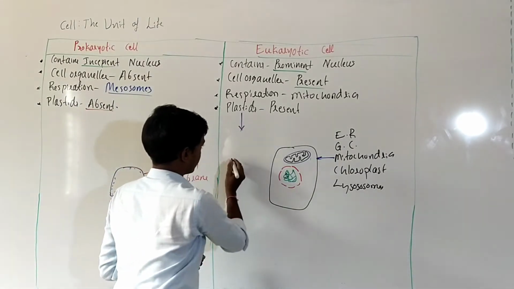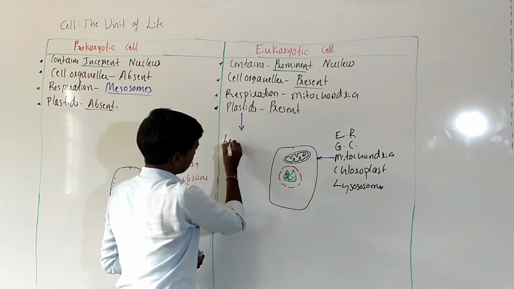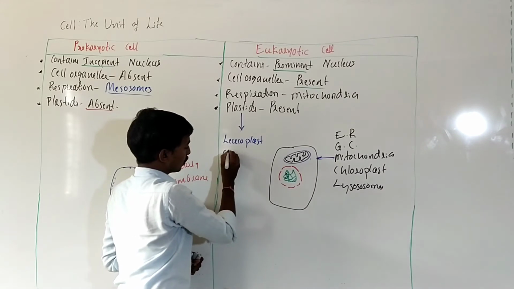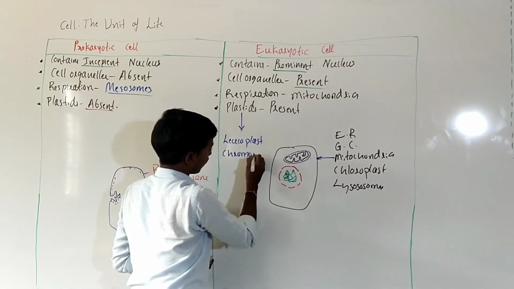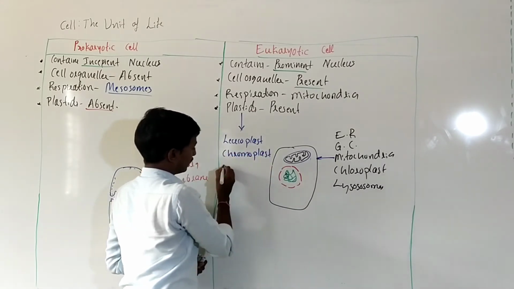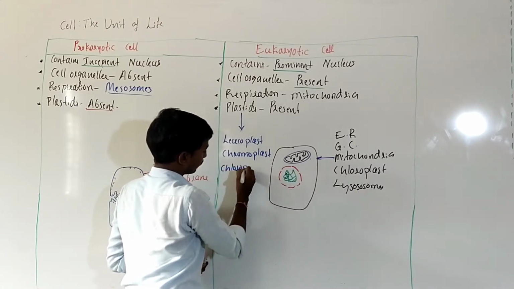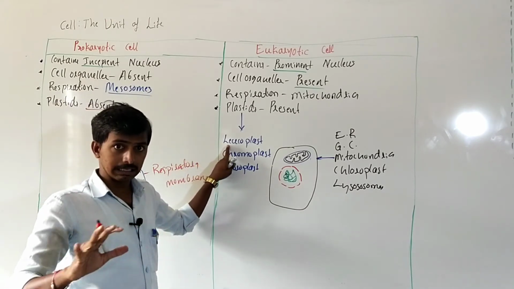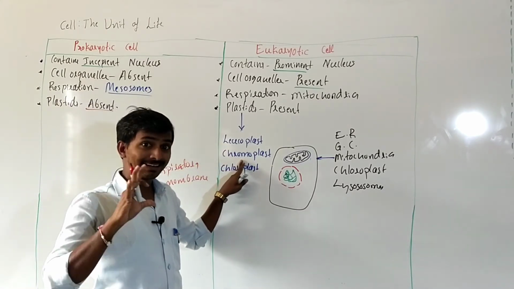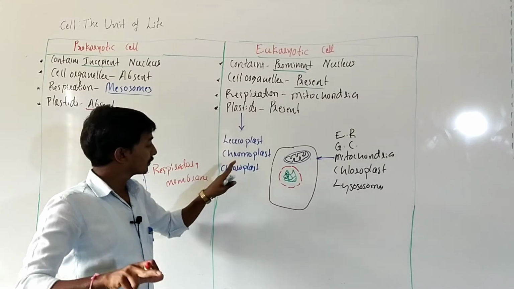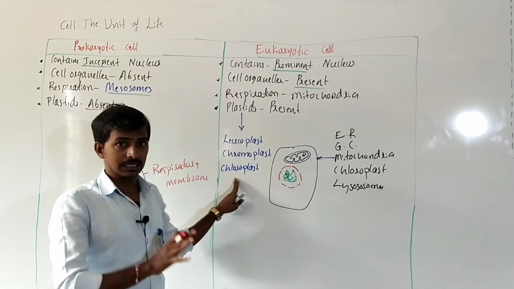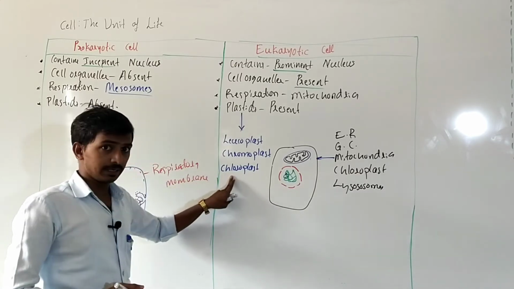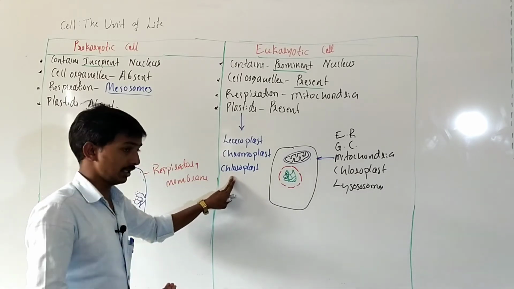What are plastids? We have three types of plastids. One is the leucoplast, one is the chromoplast, and the other one is the chloroplast. Leucoplast is colorless, chromoplast is colored but other than green, and chloroplast is the green plastid, which helps in photosynthesis and provides the green color with the chlorophyll pigment.